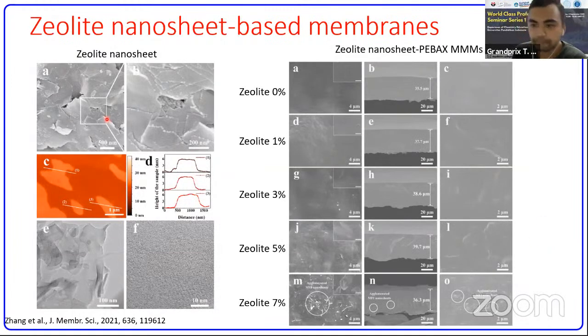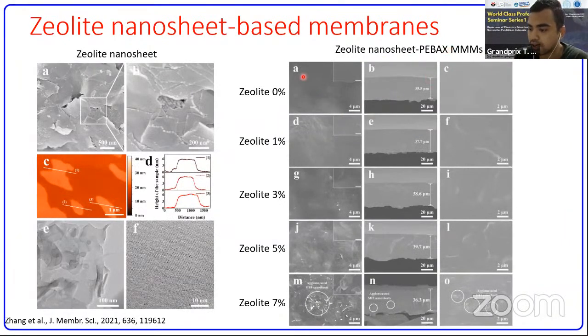But as you can see here, we could synthesize the nanosheet zeolites. We could observe the morphology clearly by SEM, TEM, and AFM. We could vary the zeolite content within the zeolite PEBAX MMMs. The PEBAX is a polyether block amide polymer.